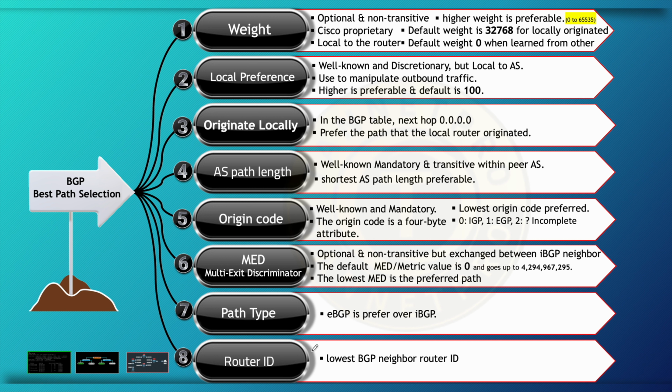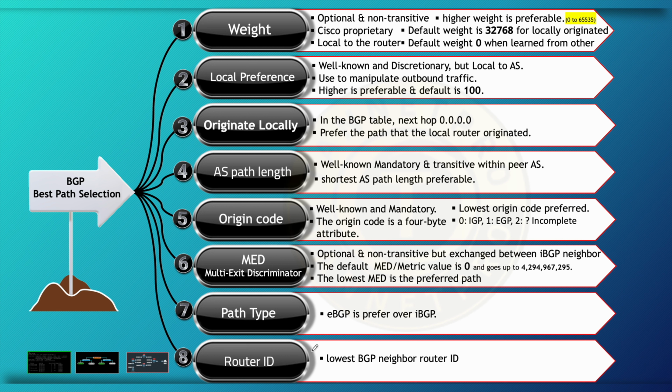So this is how BGP uses all the attributes to select the best route. These nine attributes you can memorize with one short phrase: We love oranges, as oranges are mean fresh fruit, something like that.